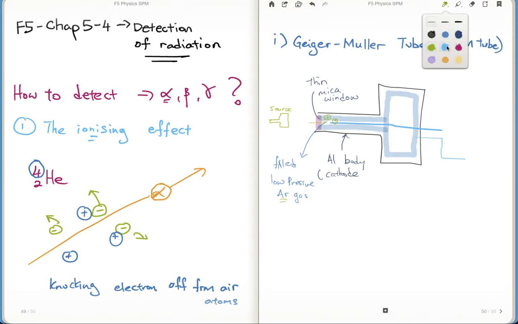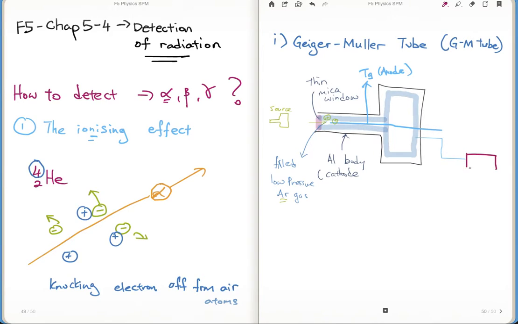Oh, I still haven't labeled it. This is actually a tungsten rod. The tungsten serves as the anode. So the anode will attract the electron, and then it's connected to the rate meter.